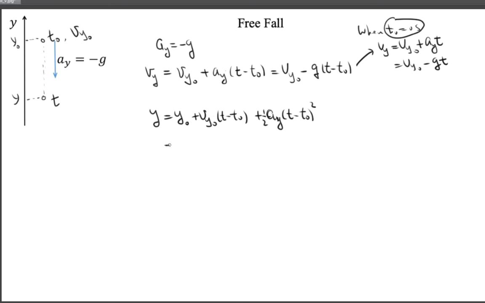Substituting in ay, we get y0 plus Vy0 times (t minus t0) minus 1/2 g times (t minus t0) squared. That's the expression for position y as a function of time. It depends on two terms: the initial velocity gives us a linear dependence on t, and the acceleration gives us the second order dependence on t.